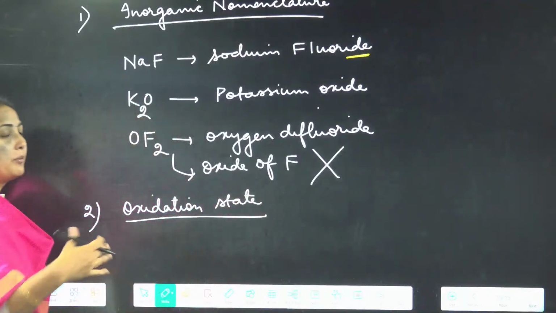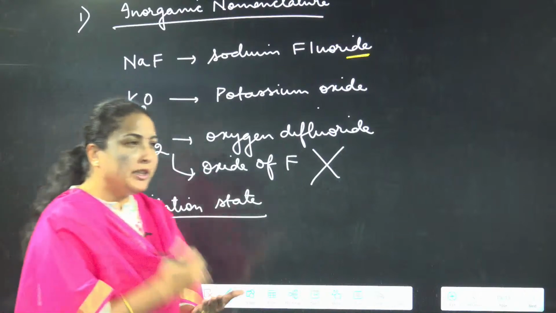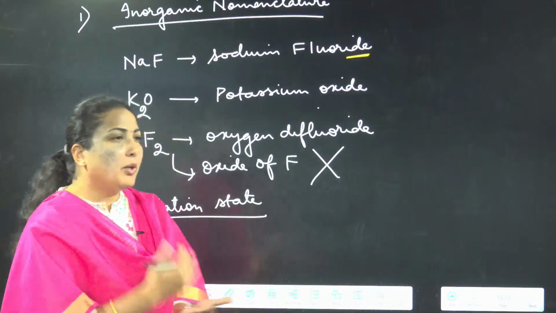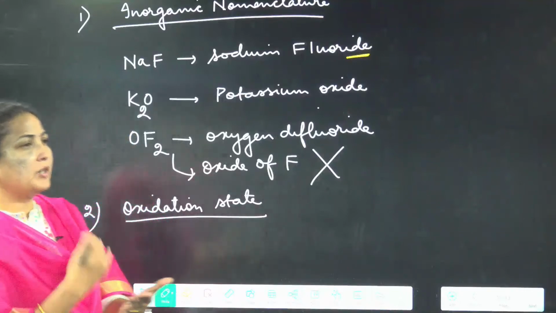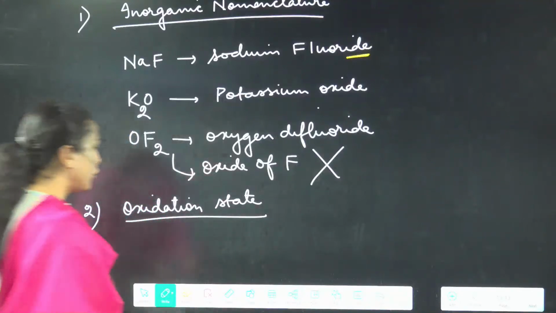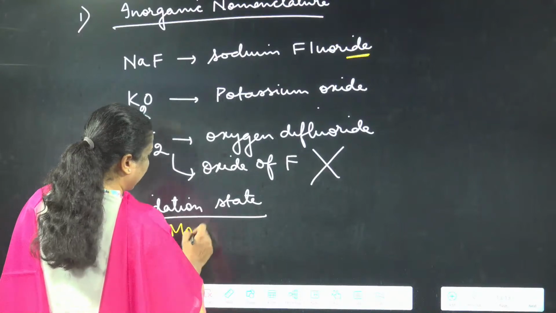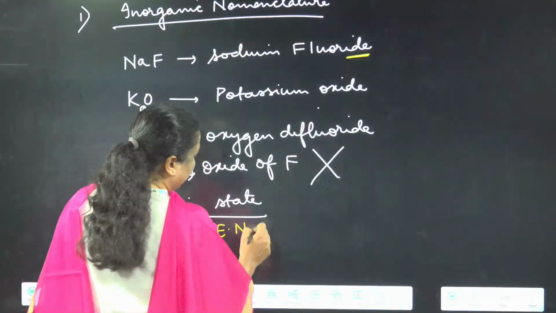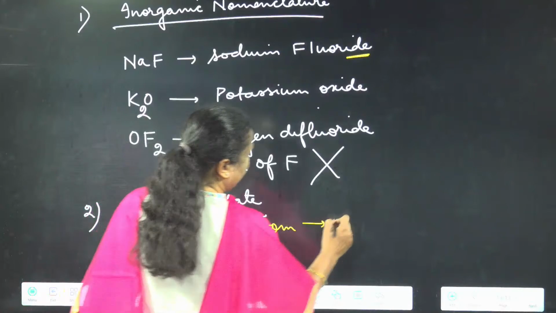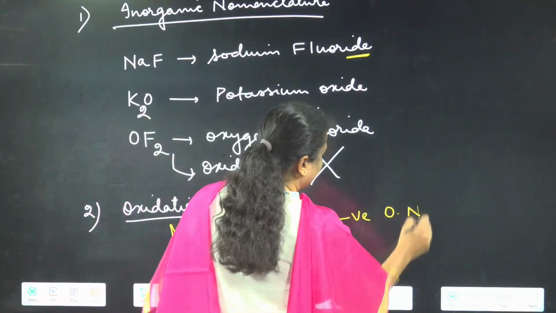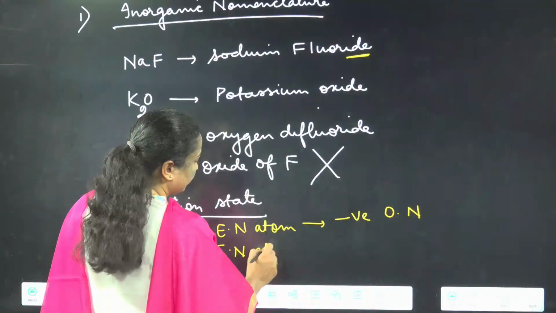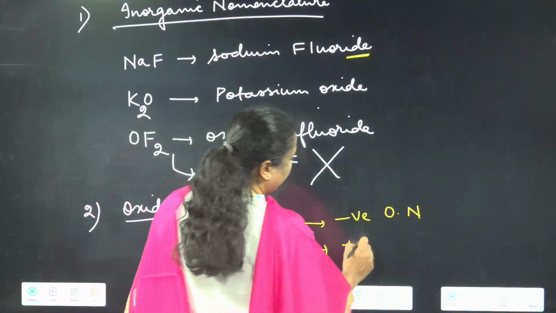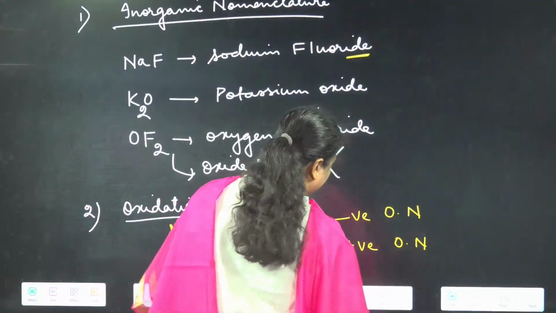Now, the second one, in the case of oxidation state. Definitely, for determining the oxidation state we need the help of electronegativity. The one which is more electronegative will have a negative oxidation state, and the one which is less electronegative will have a positive oxidation state. So the more electronegative atom has a negative oxidation number, and the less electronegative atom has a positive oxidation number.